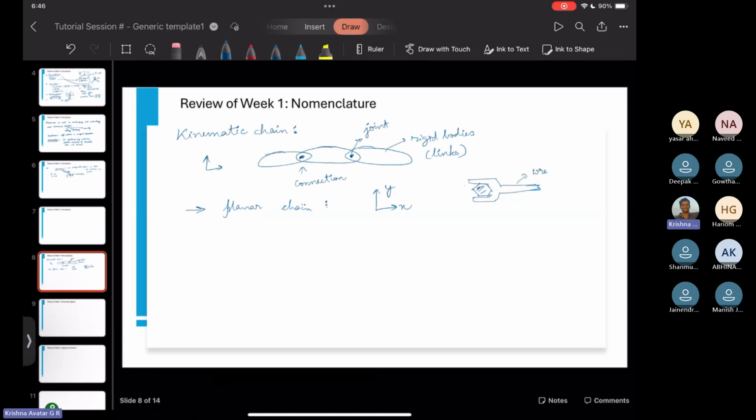We are using the wrench and rotating it, so the wrench can rotate anywhere in the XY plane. Until it's taken out, while it's connected to the nut or bolt, it can only rotate in the XY plane. So that is an example of a planar chain, a very simple chain with just one member.